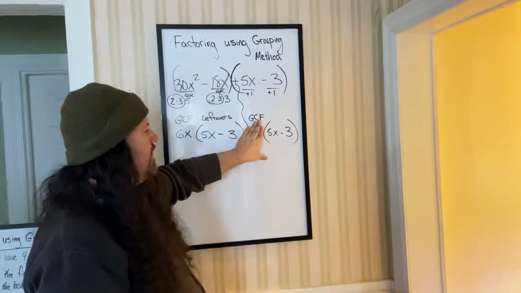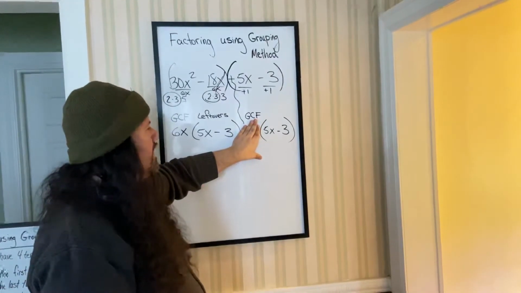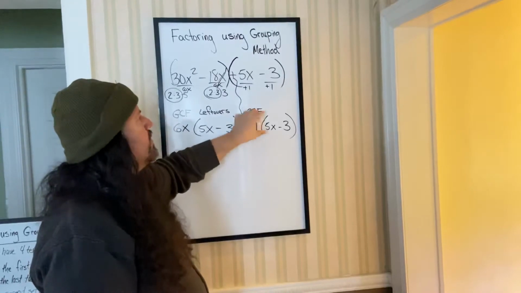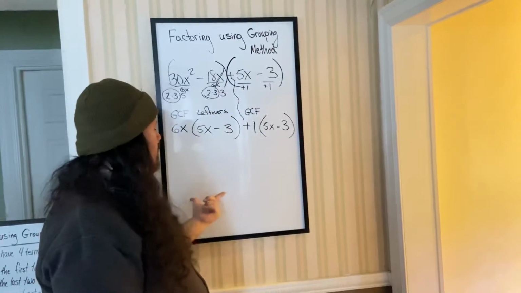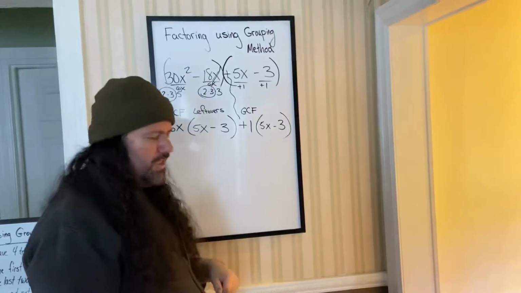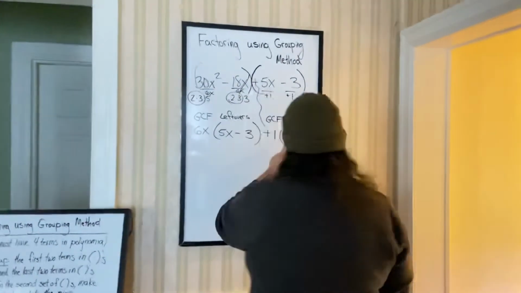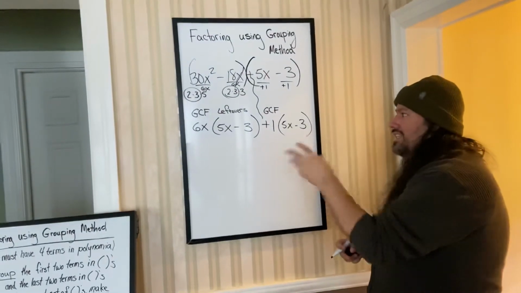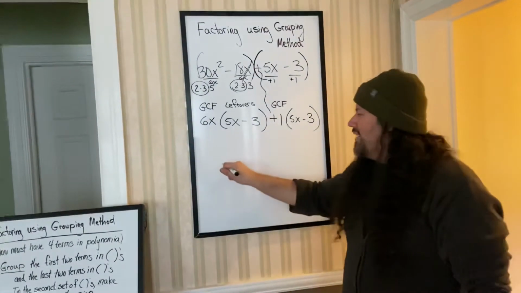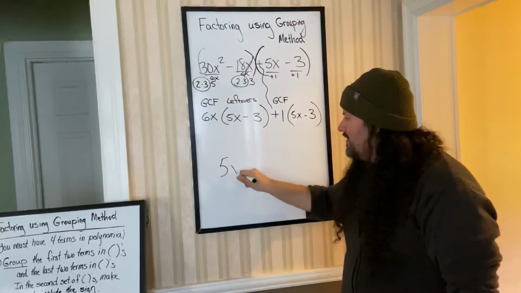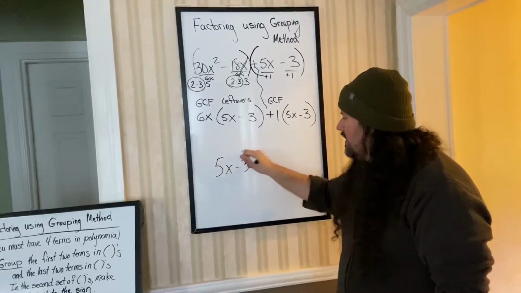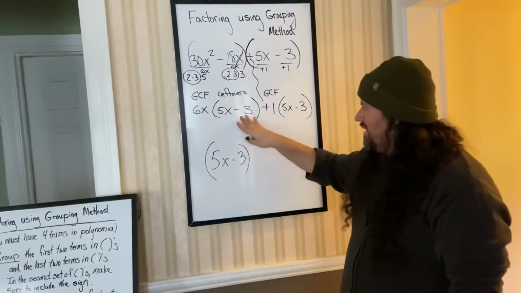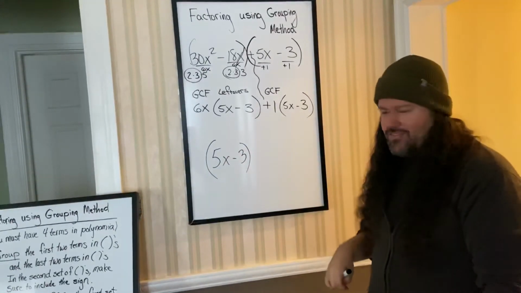If you did not have this, then you might have thought that it's a binomial times a monomial. Your answer when you're done with the grouping method is always a binomial times another binomial. So once we see that these match, our final step is to take those matching leftovers and put them as just one set of parentheses. That's it. I didn't put any squares or exponents. I just said, I have 2, now it magically becomes 1.